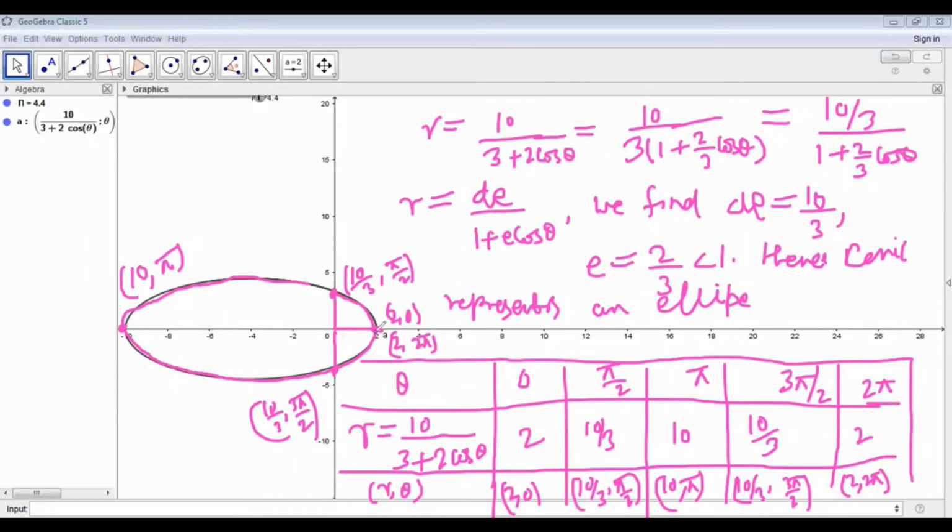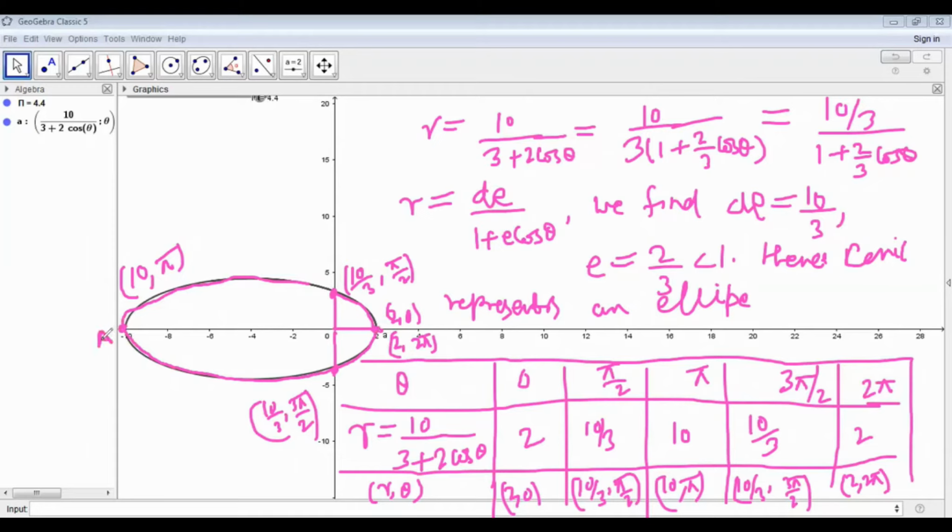Describing means we have to identify its vertices, its foci, and the lengths of the axes: the length of the minor axis and the length of the major axis.